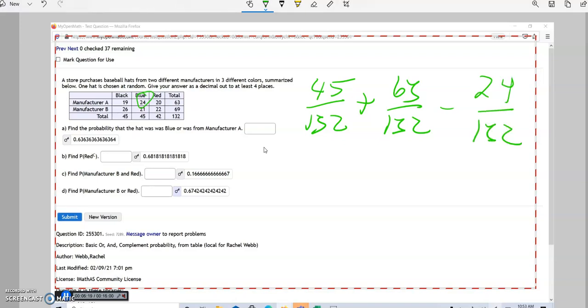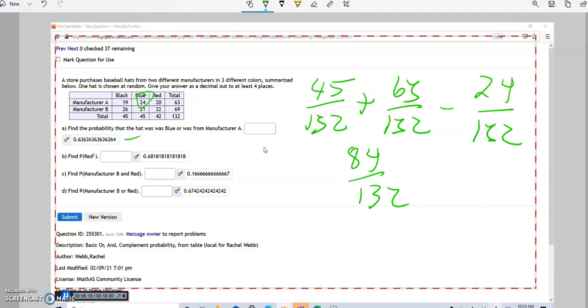So add up the numerators first, so 45 plus 63 minus 24 is 84 out of 132. And it better equal their answer when I do that, and it does, okay?